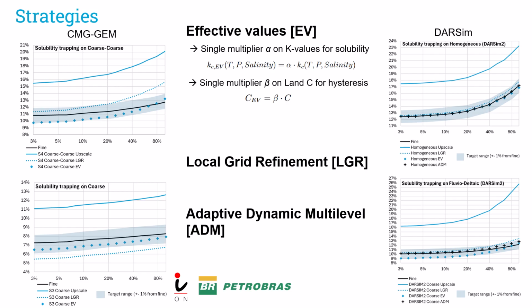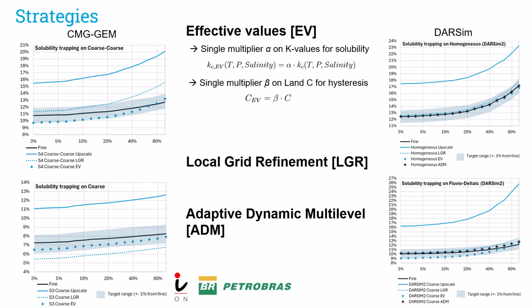You can see here the results on different simulators like CMG-GEM, in which we can evaluate effective values and local grid refinement. And in DARSim, that is the TU Delft simulator, you can see the adaptive dynamic multi-level results.